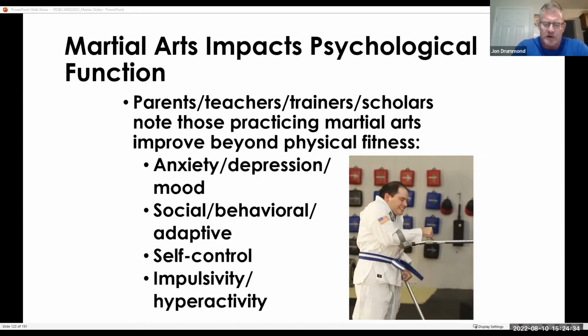Improvements via martial arts activity have been reported in the domains of anxiety, depression, mood disturbances, more adaptive social and behavioral skills, self-control, impulsivity, and hyperactivity.